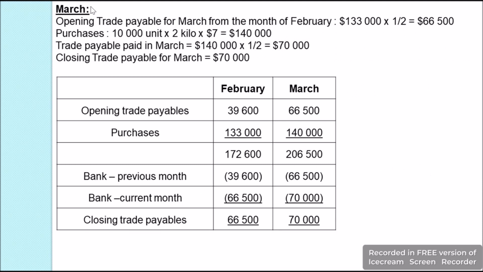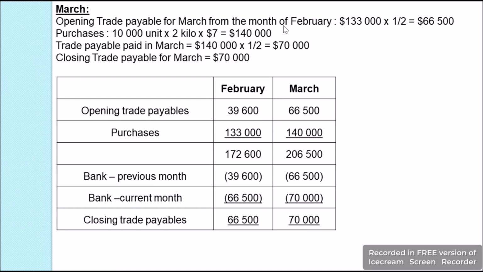Now for the month of March, the opening trade payable will be the closing trade payable of Feb, and we have calculated half of this, that is 133,000 times half, we will get $66,500. Half was paid in the month of Feb, and the remaining half will be paid in the month of March, and this will be the opening balance for the month of March.